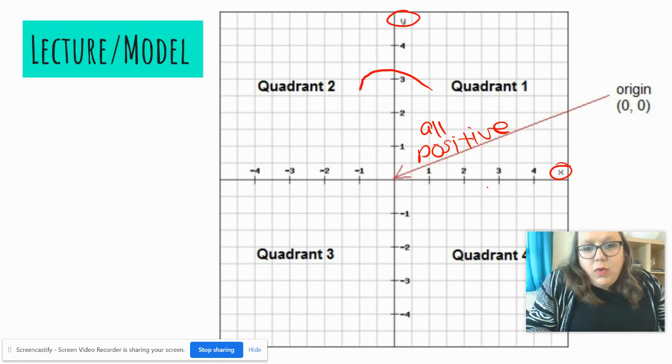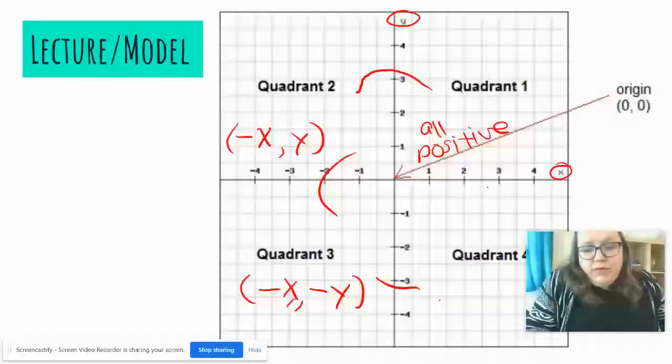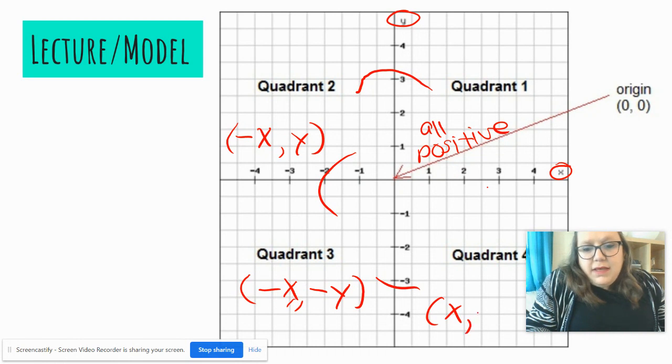Then we go around to quadrant 2, which is a negative x and a positive y. Then quadrant 3, where everything is negative, so a negative x and a negative y. And then quadrant 4, where we have a positive x and a negative y.